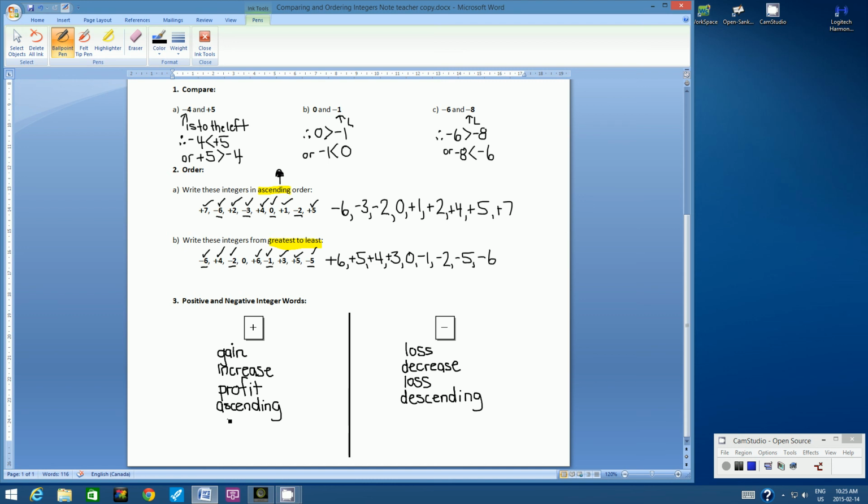So how about we put in more, less. And there's another obvious one, up, down. If we go up a flight of stairs, it's a positive integer. If we go down a flight of stairs, it's a negative integer. So we can add to this list as we go through the unit.